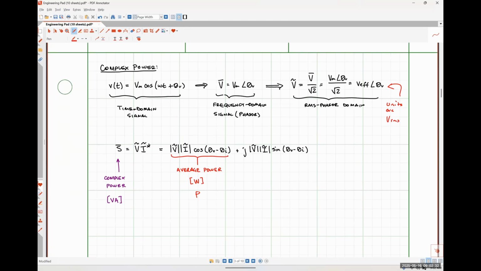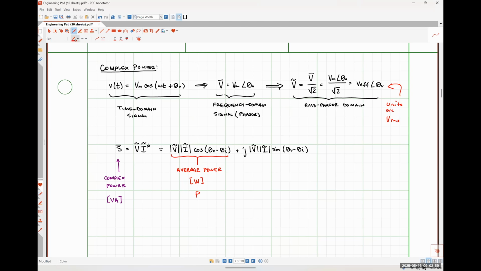And it essentially represents the portion of our complex power that is capable of performing mechanical work. So it's essentially the part of our complex power that winds up getting converted to heat eventually by resistances and stuff like that. Yes, it is indeed. And we'll get there in just a second.